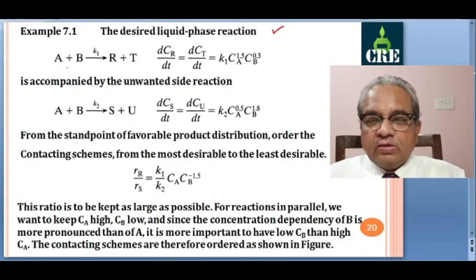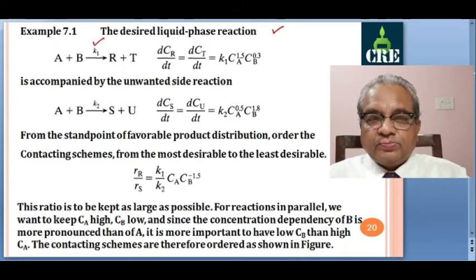Desired liquid phase reaction: A plus B giving R plus T, rate constant is K1. So we can write dCR by dt, same as dCT by dt. Stoichiometry is 1 mole to 1 mole, and this is given as K1 CA raised to 1.5 CB raised to 0.3.